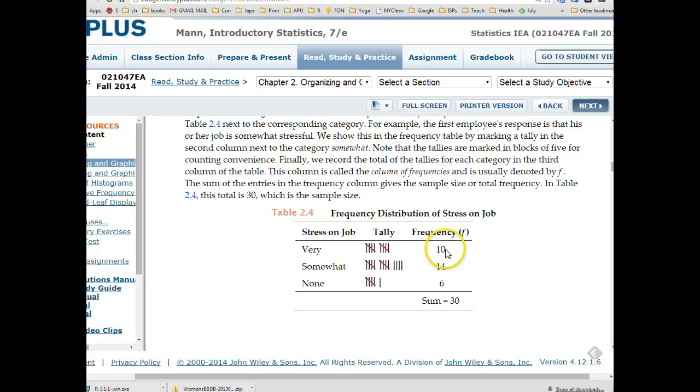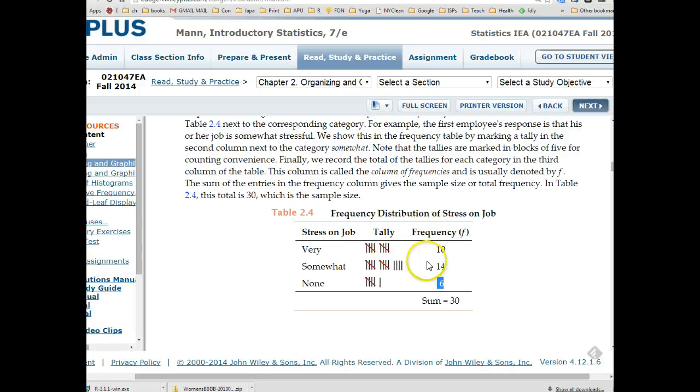So there were how many verys? 10. How many somewhats? 14. How many nones? And this is just a tally. You count them, 1, 2, 3, 4, 5, 6, 7, 8. It's just called a tally. That's a natural thing that everybody would do eventually with that kind of data: make a frequency.